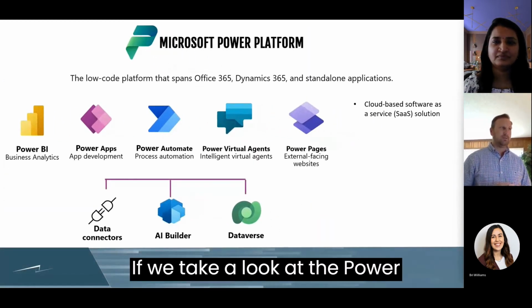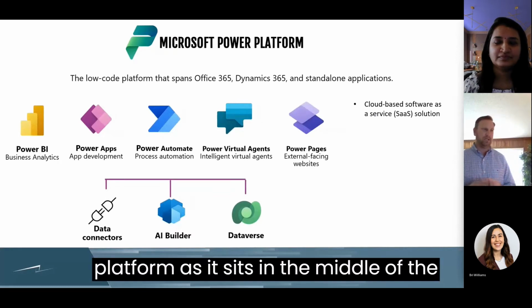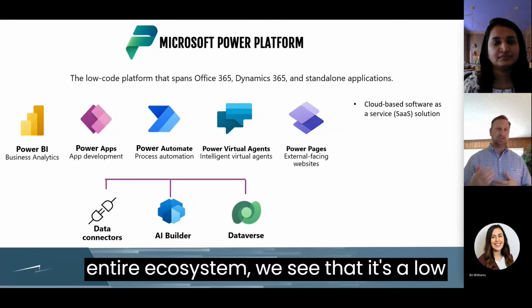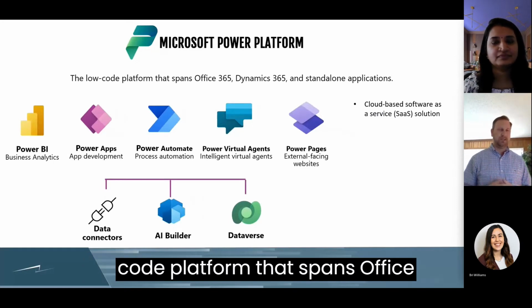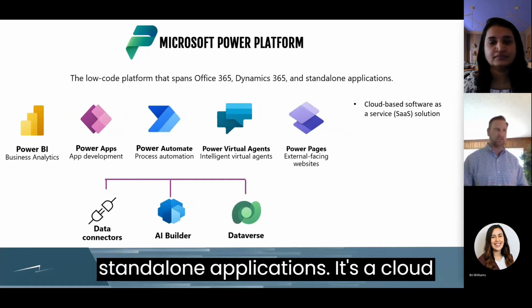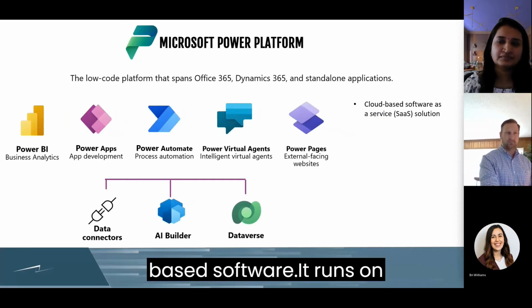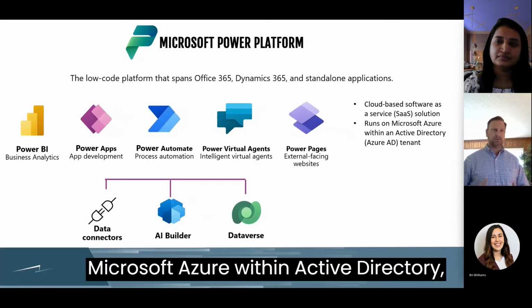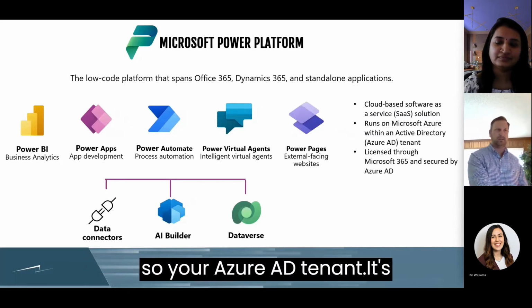If we take a look at the Power Platform as it sits in the middle of the entire ecosystem, we see that it's a low-code platform that spans Office 365, Dynamics 365, and standalone applications. It's a cloud-based software. It runs on Microsoft Azure within Active Directory, so your Azure AD tenant.